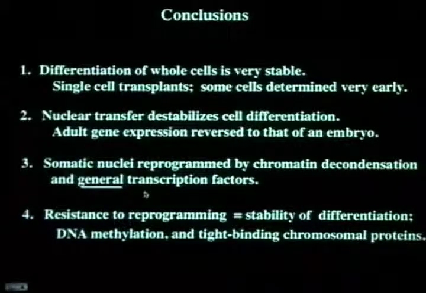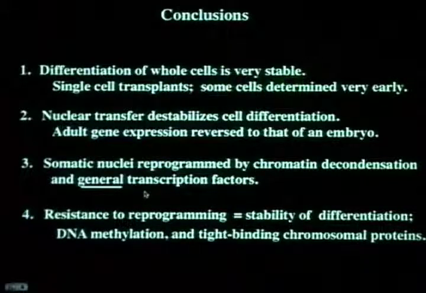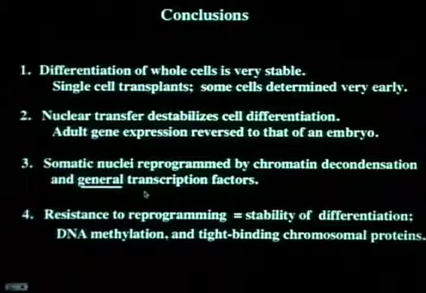So finally, here are the conclusions from what I've been talking about. First point, I'll emphasize again that the differentiation of whole cells is in fact very stable. We mentioned single cell transplants, and incidentally, some whole cells are determined amazingly early in development, like the endoderm cells, which are already committed, irreversibly determined at the blastular stage.